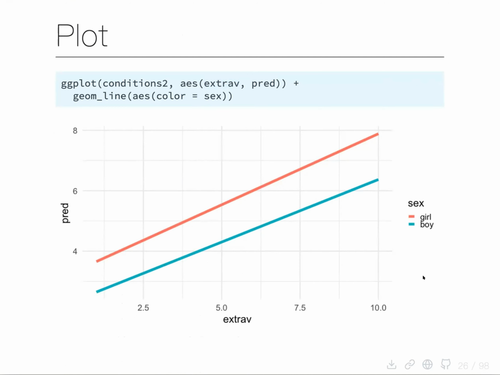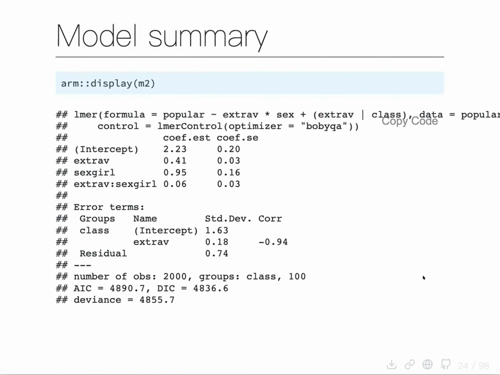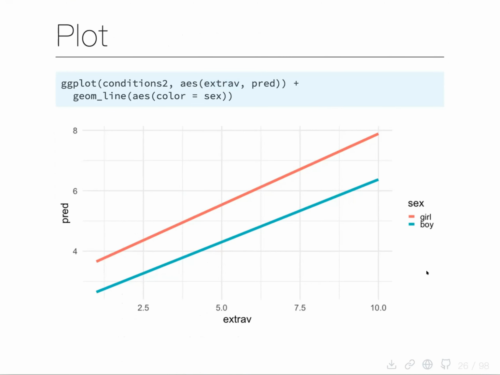And you can see, like, we could look back at the coefficients, and we can see that this is a pretty small estimate, but we also can see it visually here that they're basically parallel. Okay, so girls have a higher popularity on average, but the relation between extroversion and popularity doesn't really depend on sex.